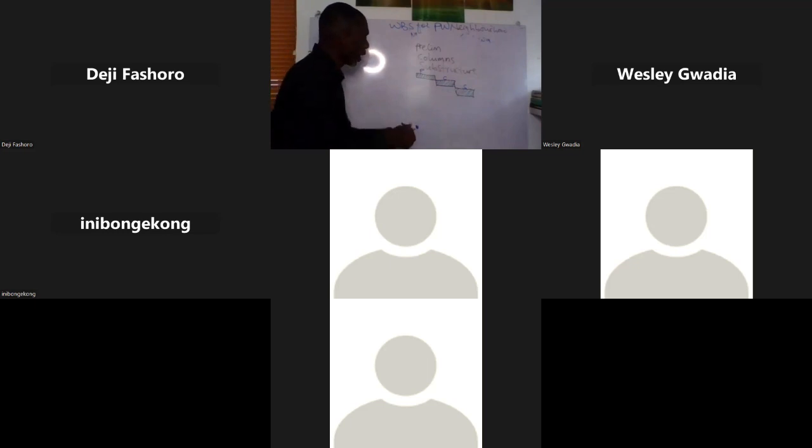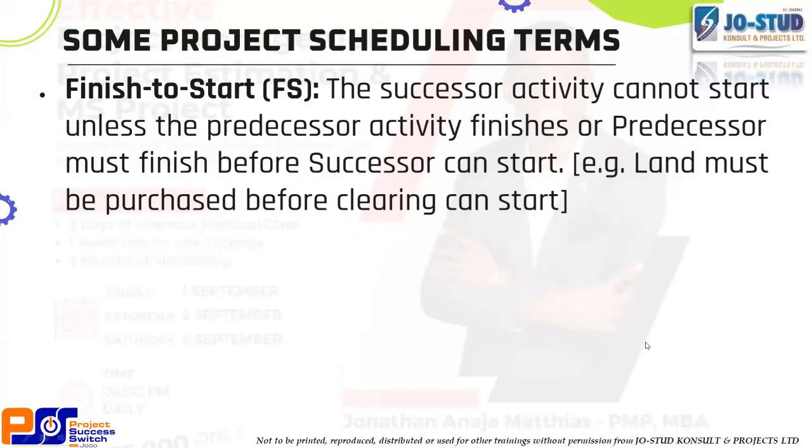You cannot just say that you are sequencing your activity and you put substructure before what? Before column, right? You can't do that, Mr. Wesley. It's wrong dependency. So the relationship that will exist between your column and substructure is a finish to start relationship.